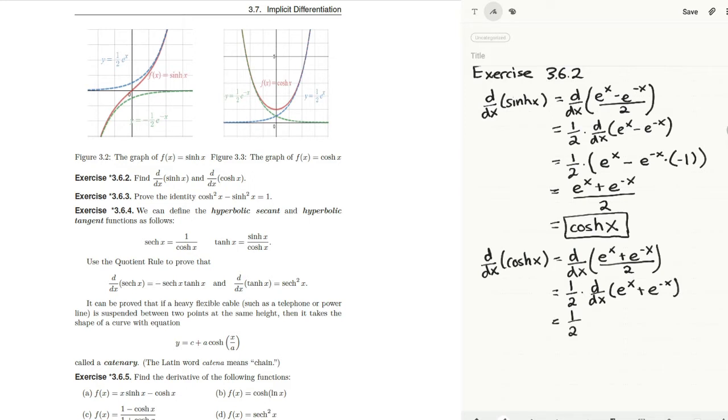So that's 1/2 times the derivative of e to the x, which is itself, plus the derivative of e to the negative x, which is itself, times the derivative of negative x, which is negative 1 by the chain rule. And now simplifying, this is e to the x minus e to the negative x all over 2. And this is the hyperbolic sine function.